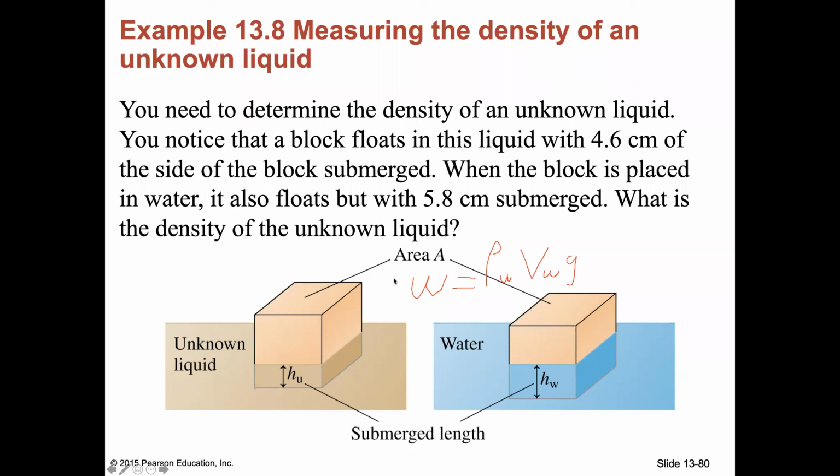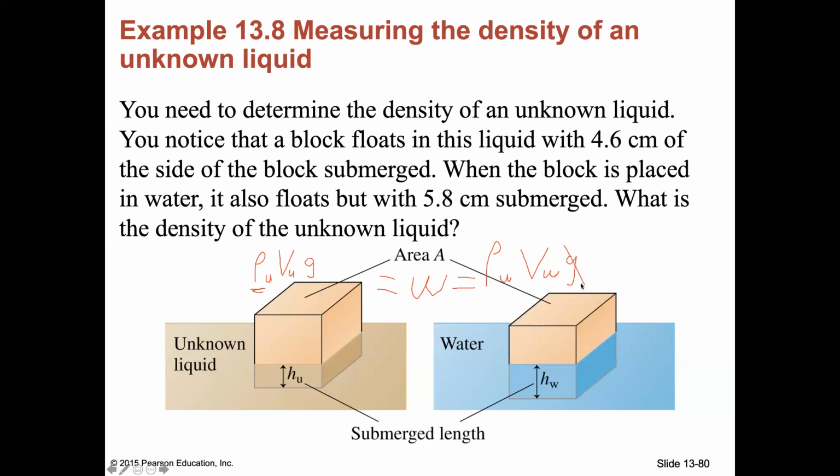On the other side, the weight equals rho unknown, the density of the unknown liquid, V unknown, the submerged volume in the unknown liquid, and g. That's the key. So we want to calculate the rho unknown here.